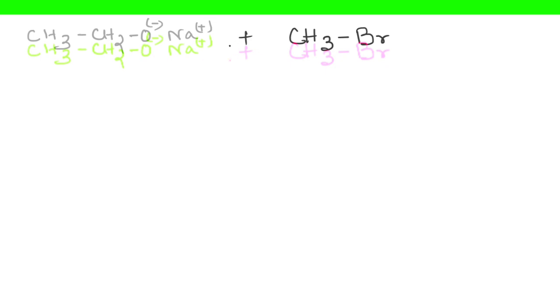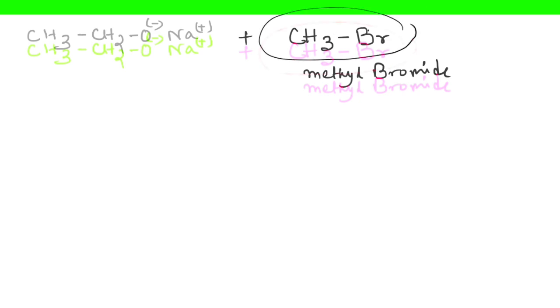Now see, here the concept of electronegativity comes. Okay, in this methyl bromide molecule, bromine is more electronegative than carbon. See, what is electronegativity? Electronegativity means the ability of an atom in a molecule to attract the shared pair of electrons towards itself.